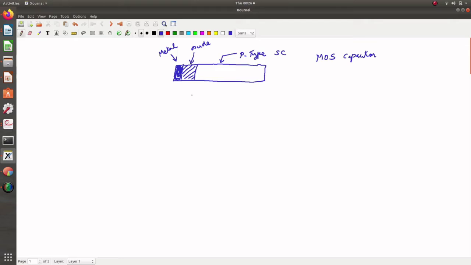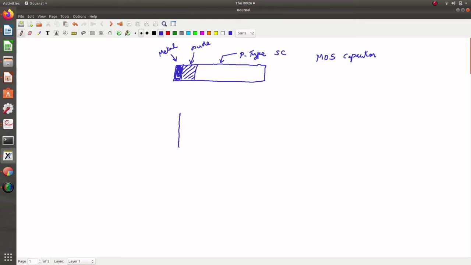And we have also seen that at equilibrium, for ideal MOS capacitor, the Fermi level at the metal side is in line with the Fermi level at the semiconductor side.